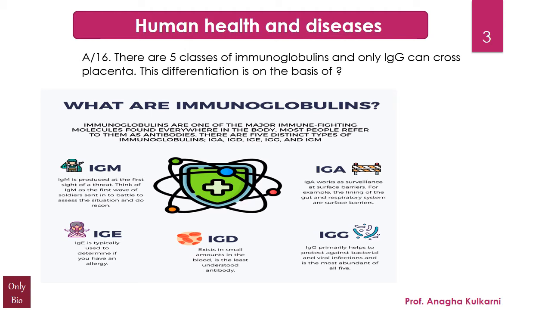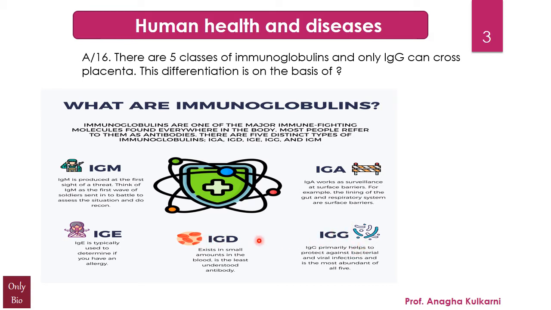Now, IgA जो होता है, you can look on the screen because you can see something about the immunoglobulins here. IgA works as a surveillance at the surface barriers. For example, the lining of the gut and the respiratory system. These are the surface barriers. So, वहाँ पर we find the presence of IgA. प्लीज ये बहुत इंपॉर्टेंट है, आप लोग याद रखिएगा.